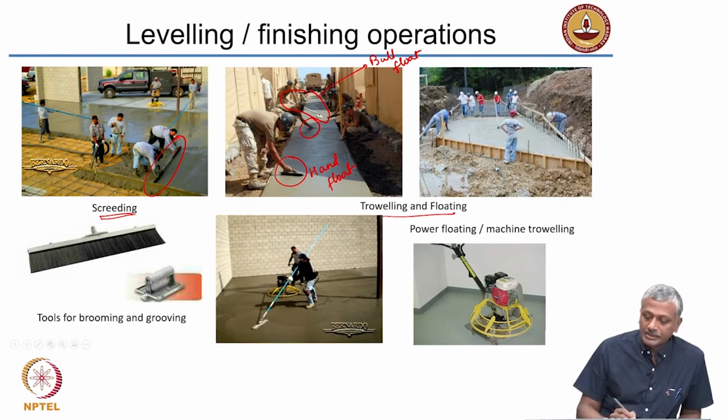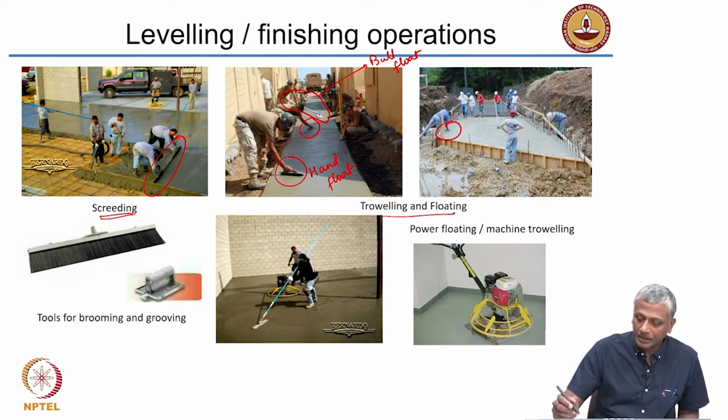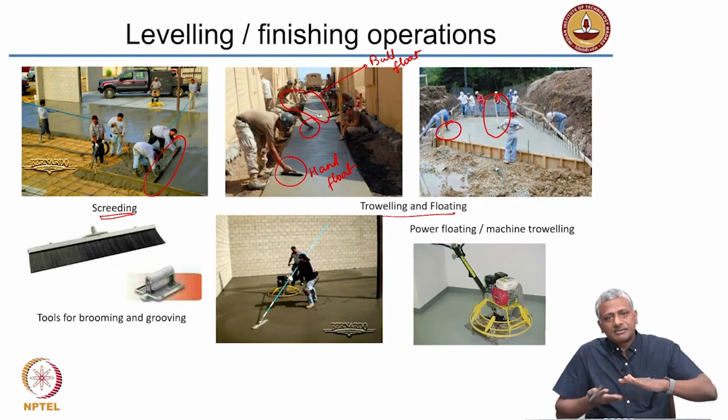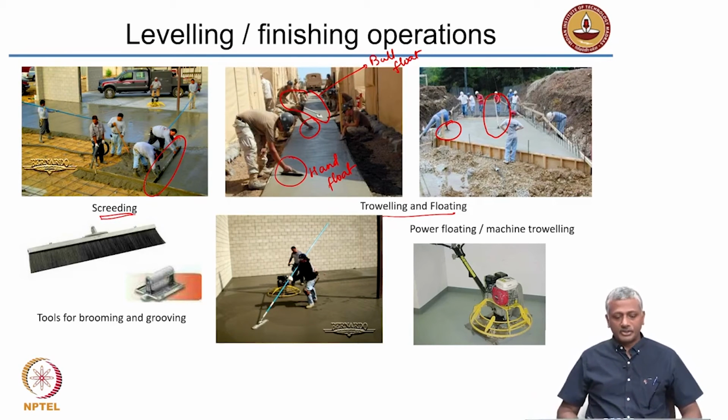Again, you see here these people making the slab, this person using a handheld float. And this is again the bull float that is being used. Basically, it's a flat piece of metal which is rubbed on the surface of the concrete to ensure that you get a nice smooth finish.